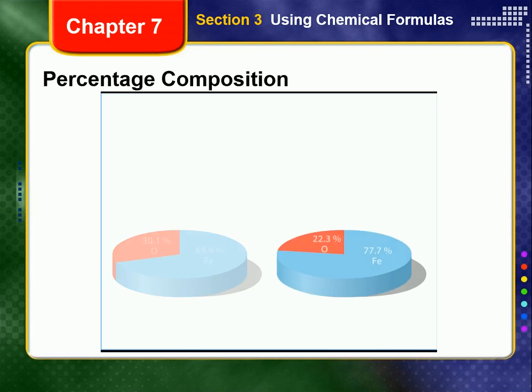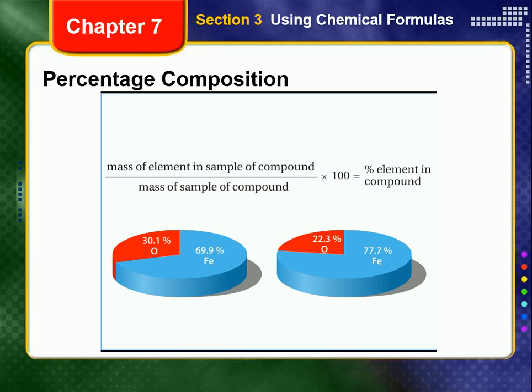The percentage composition of the other is 22.3% oxygen and 77.7% iron. Because of their differing percent composition, their properties differ. To find the percent composition, divide the mass of a given element in a sample of a compound by the total mass of the sample and multiply by 100.